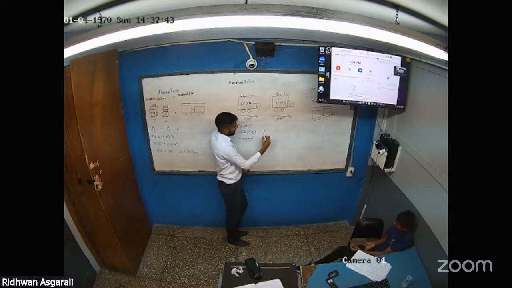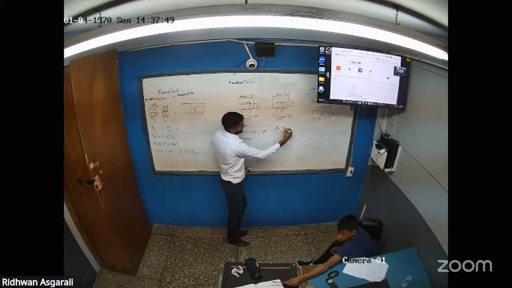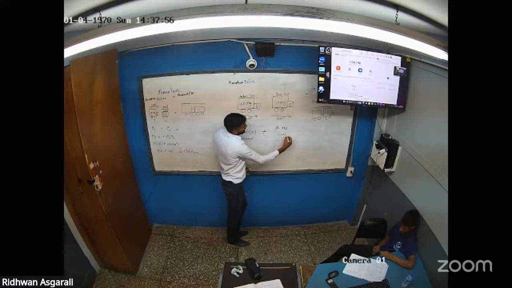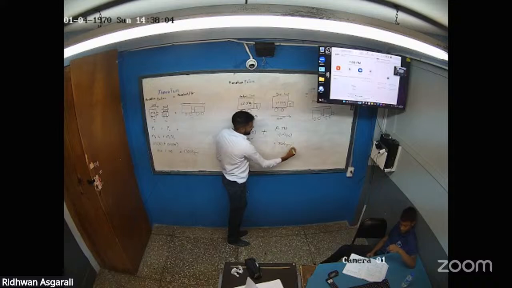So we add the momentum of the other truck, where the mass is and the velocity is 10. And then the momentum after is equal to what?